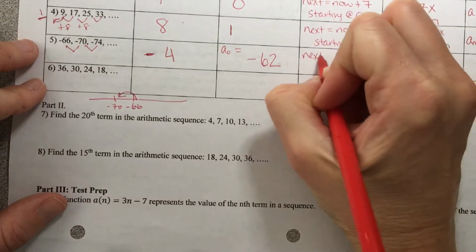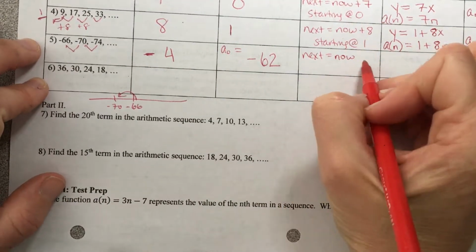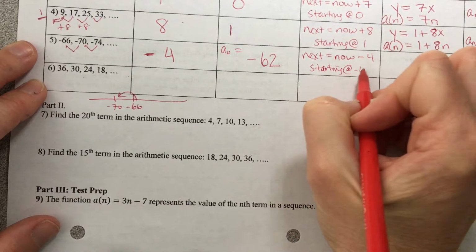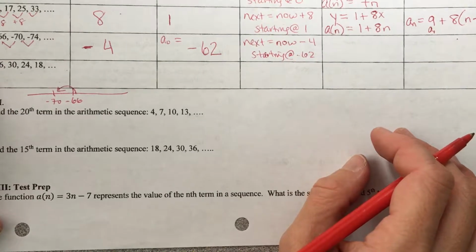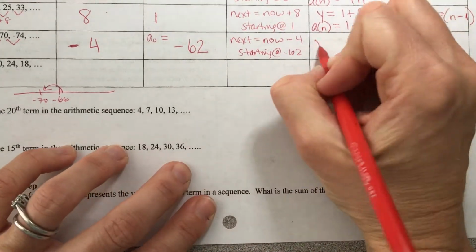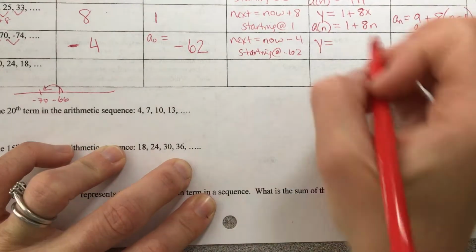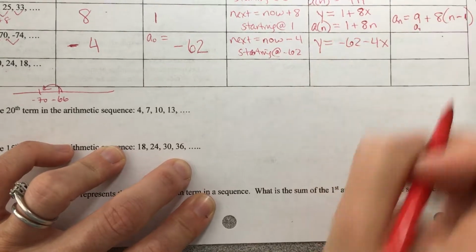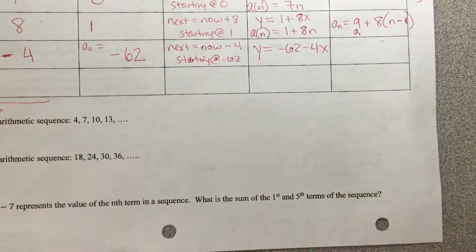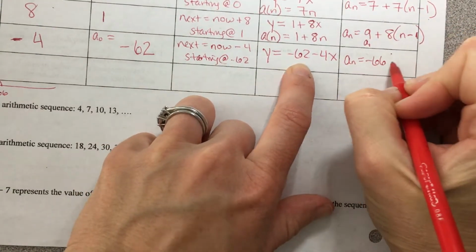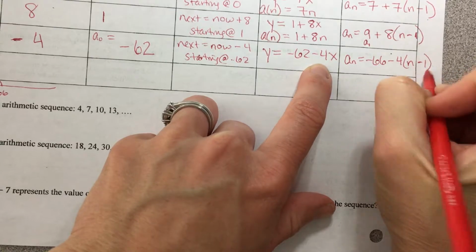Next equals now minus 4, starting at negative 62. So y equals negative 62 minus 4x. And for this one, it's not going to be negative 62. What's it going to be? Negative 66 minus 4 times n minus 1.